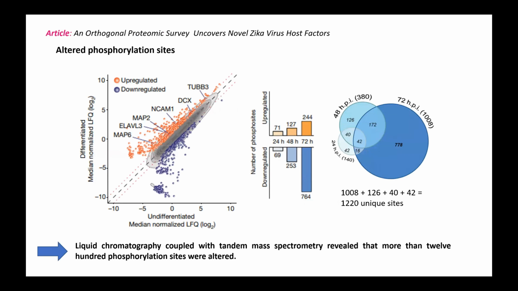Post-translational modifications of proteins, especially phosphorylation, have crucial roles in controlling the complex reorganization of signal transduction pathways upon virus infections. The researchers therefore used liquid chromatography coupled with tandem mass spectrometry and demonstrated that among about 14,000 unique phosphorylation sites, more than 1,200 were altered.